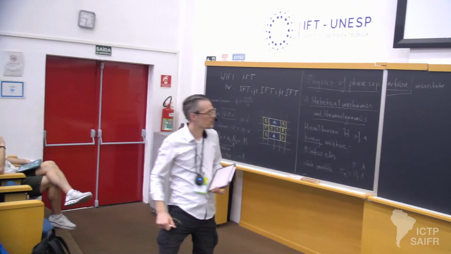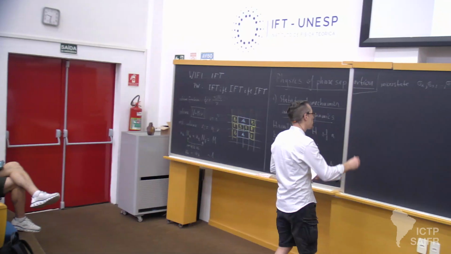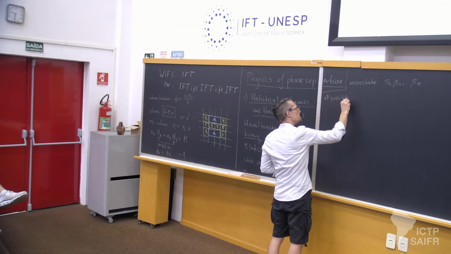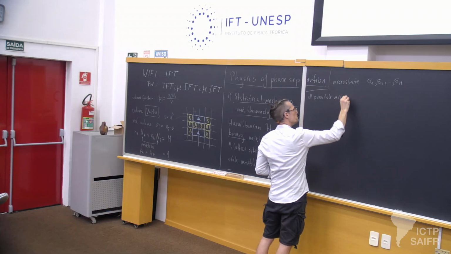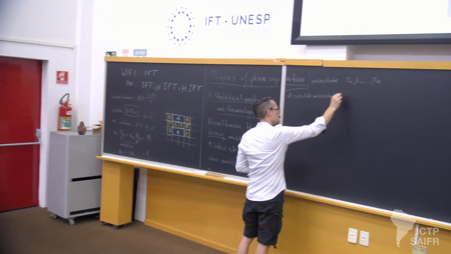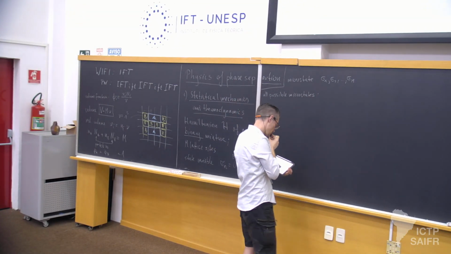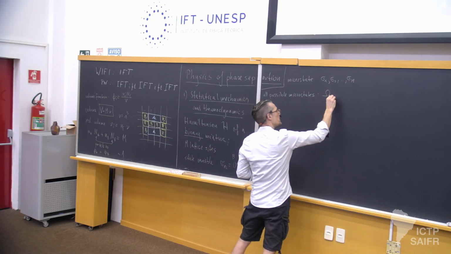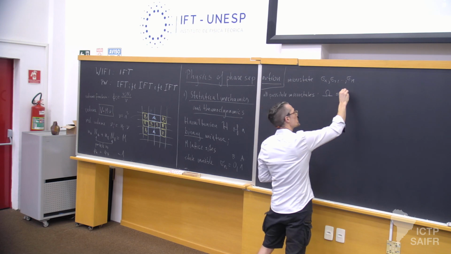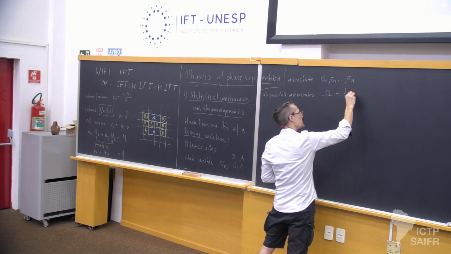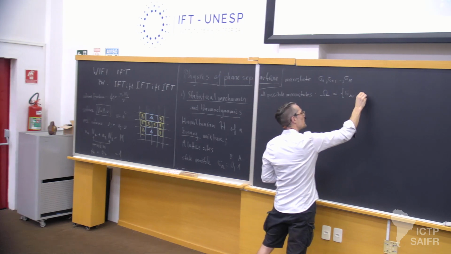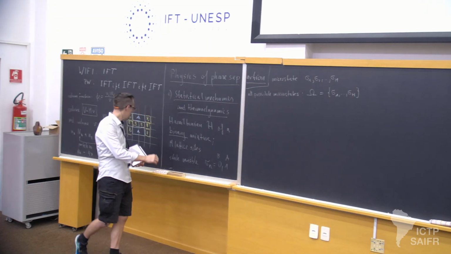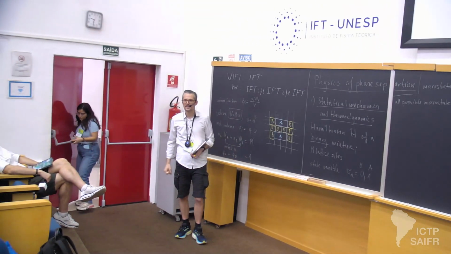So we have to go over all possible microstates. The notation I use here is sigma, and also quite commonly used, these curly brackets to indicate all the possible combinations of arranging A and B particles on the lattice. Okay?